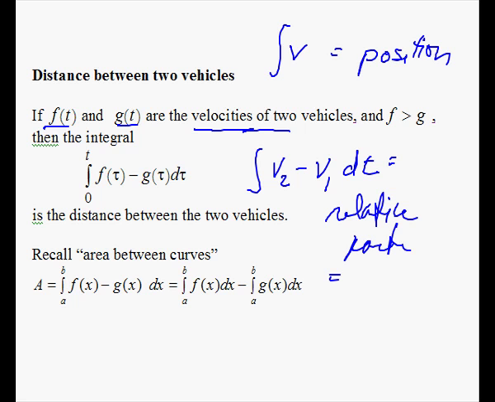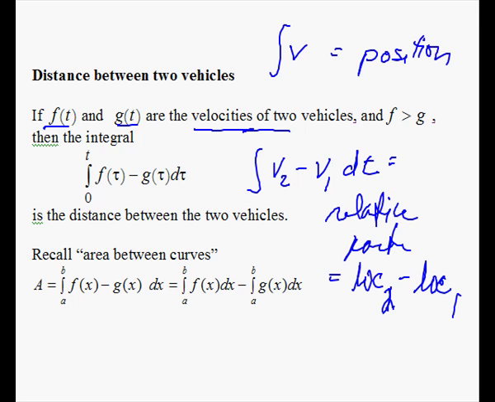I'm going to get the location of 2, in this case, minus the location of 1. If the location of 2 is less than the location of 1, that means 1's in the lead, and that answer would be negative. Vice versa, it would be positive if 2 is in the lead. So we'll see that in a second.